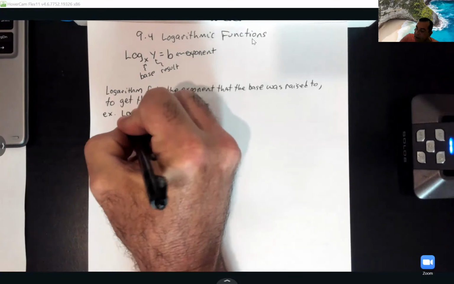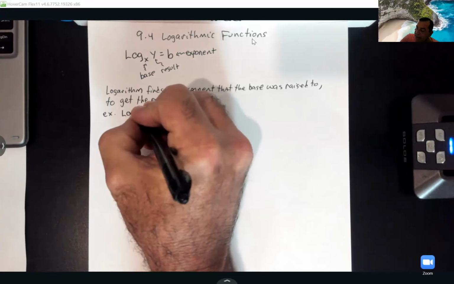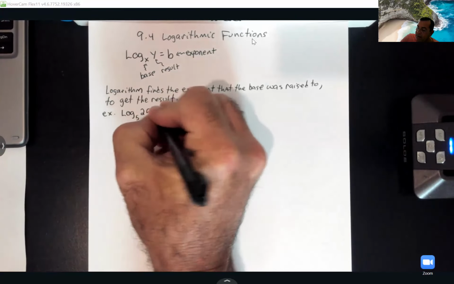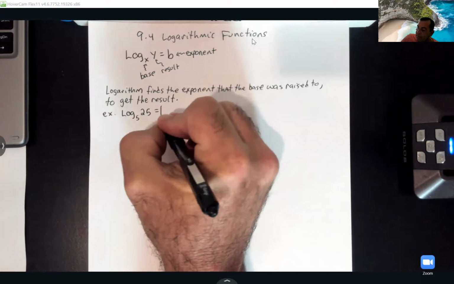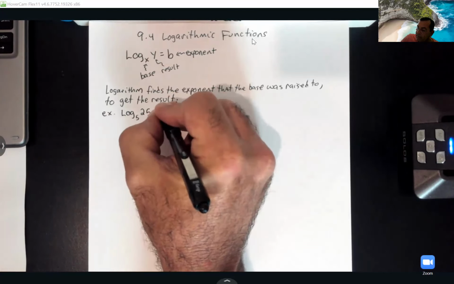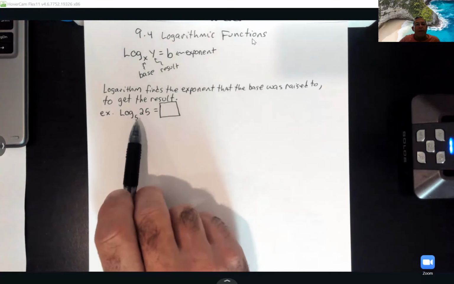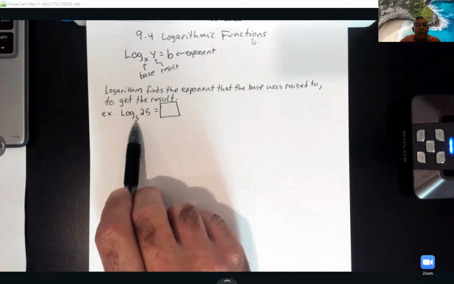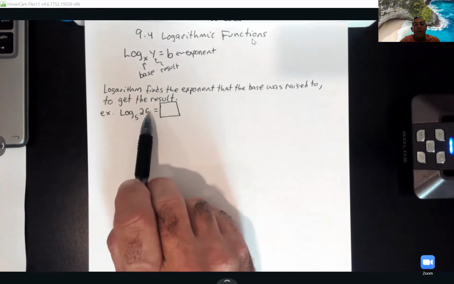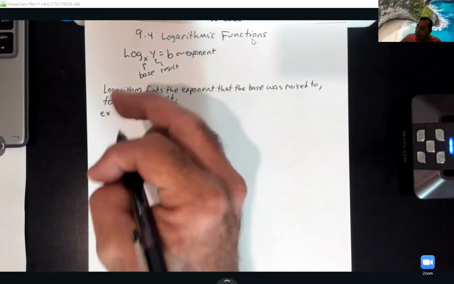So if I got log base 5 of 25, what this expression is going to find me is what exponent would I raise this 5 to get me a 25. So y'all, let's think about it.